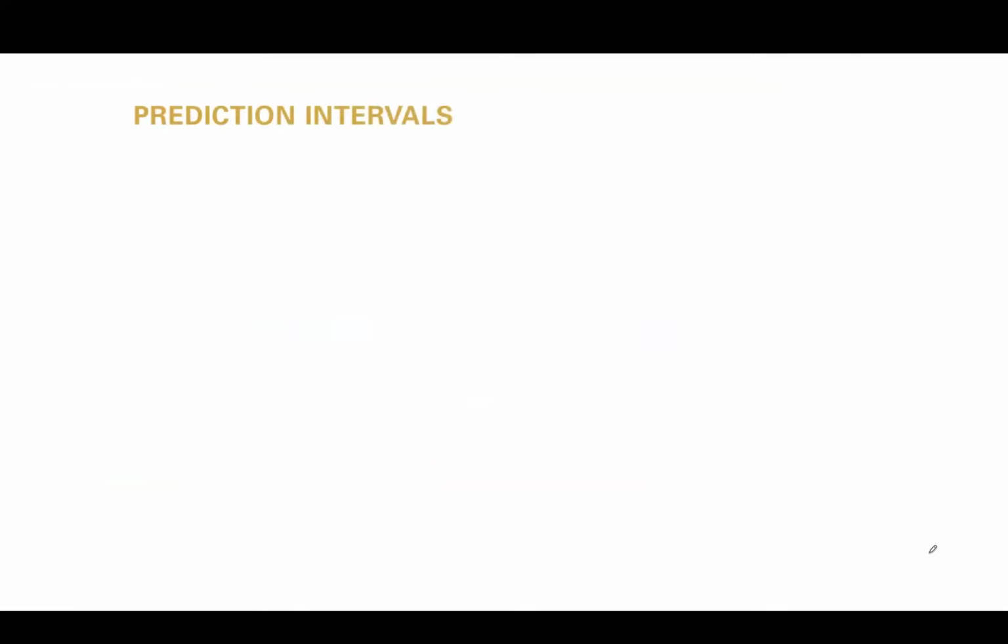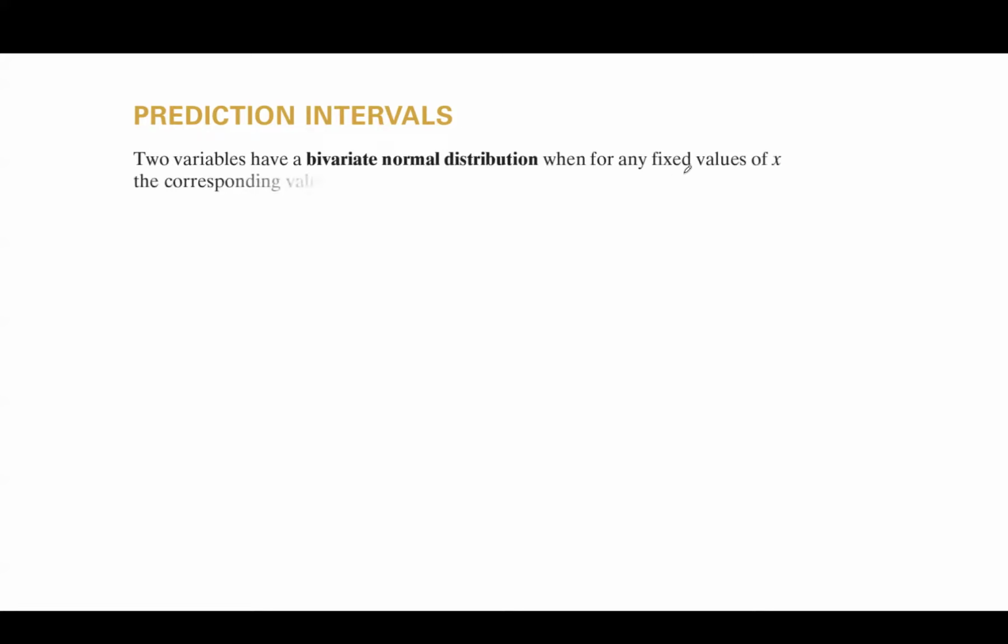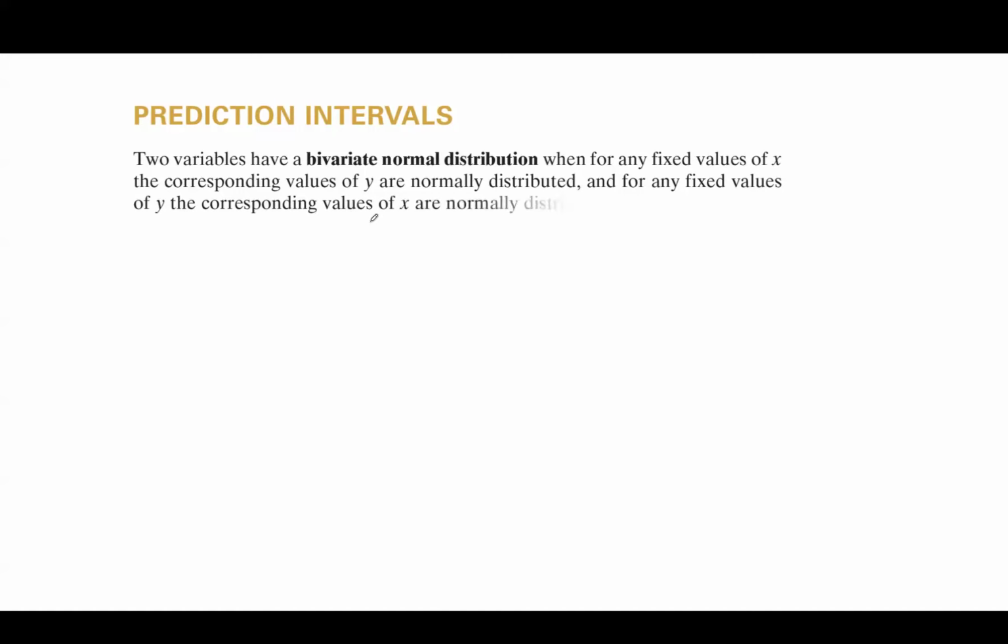Now, how do we construct an interval of estimate? For the prediction intervals, remember, two variables have a bivariate normal distribution when for any fixed values of x, the corresponding values of y are normally distributed, and for any fixed values of y, the corresponding values of x are normally distributed.